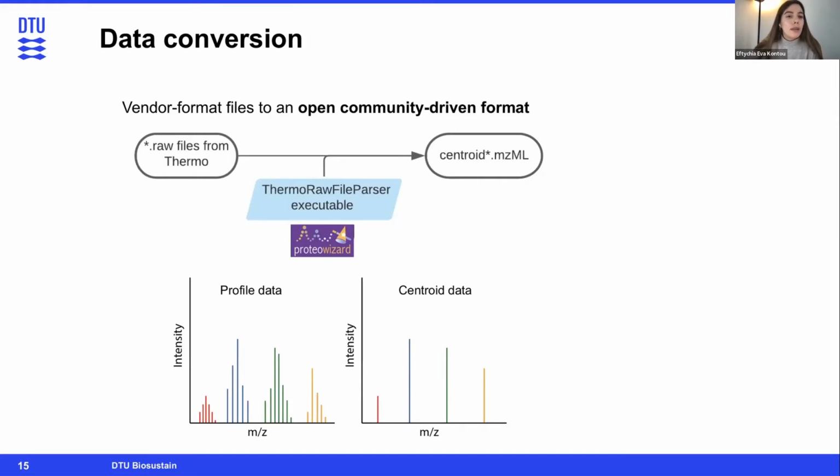So what do I mean when I say converting your data from profile to centroid? If you look at the graph below, those different colors represent different metabolites. And your instrument will detect a compound mass to charge in a window of 10 or 20 parts per million approximately, depending on what instrument you're using.